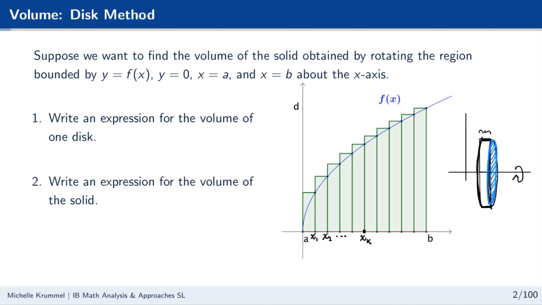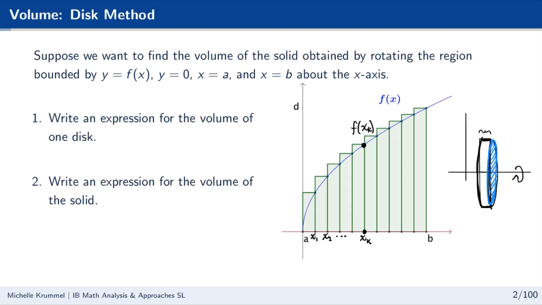And if this is x sub k, this input value here is x sub k, and I follow that up here, this is f of x sub k, because this point is on the function f of x, where the input is x sub k and the output is f of x sub k.